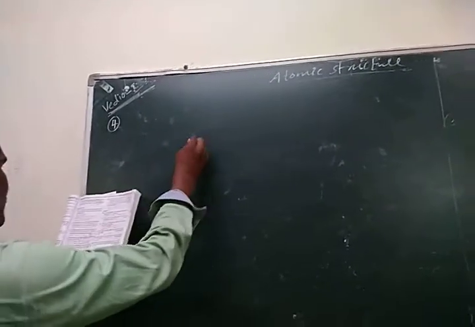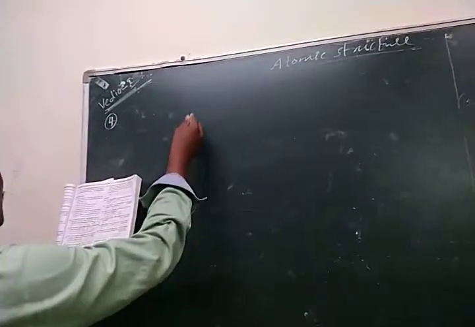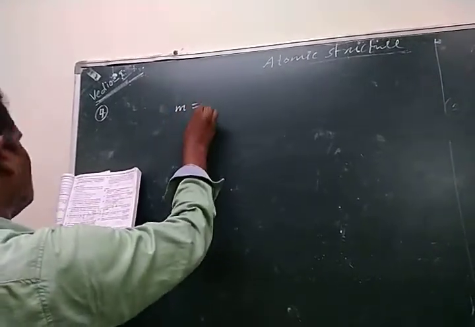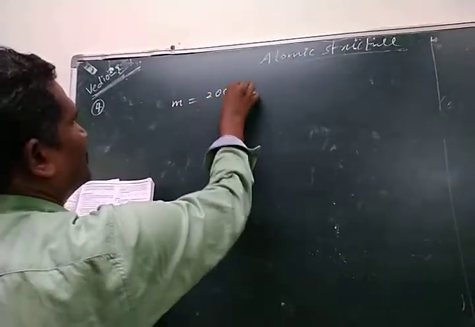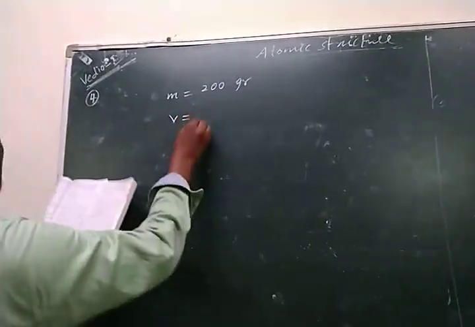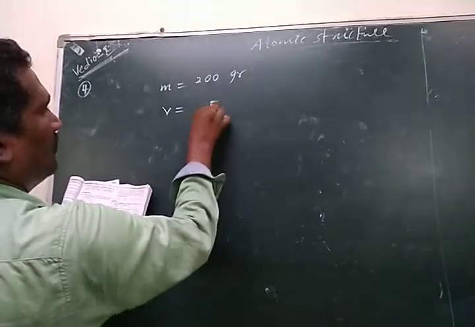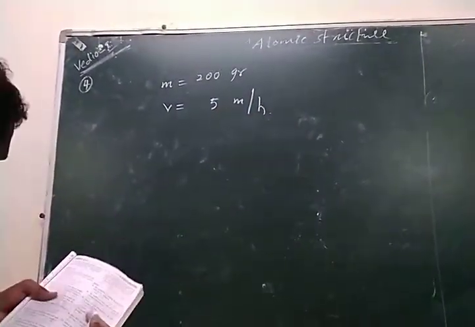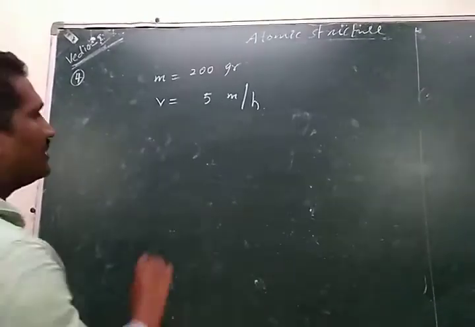So they have given the mass of the golf ball as 200 grams, and the velocity as 5 meters per hour. Then they want the answer in order.